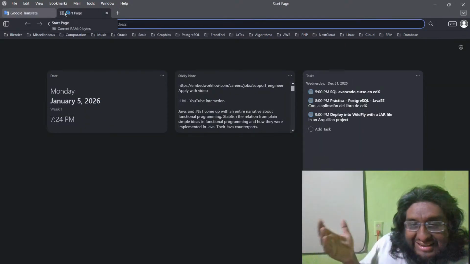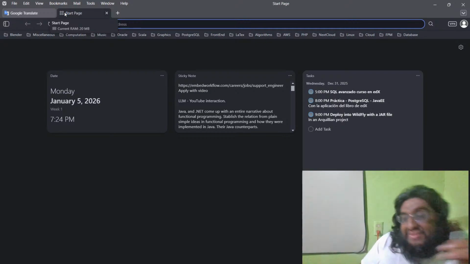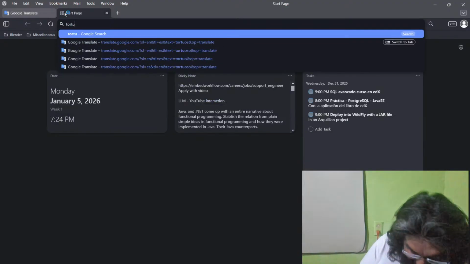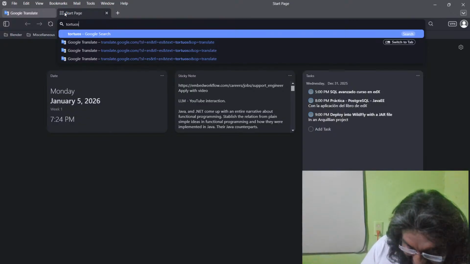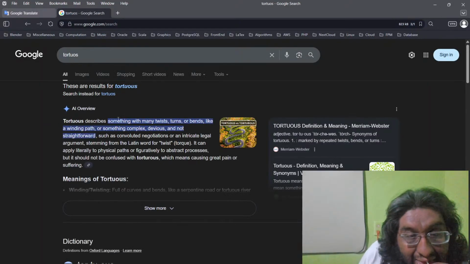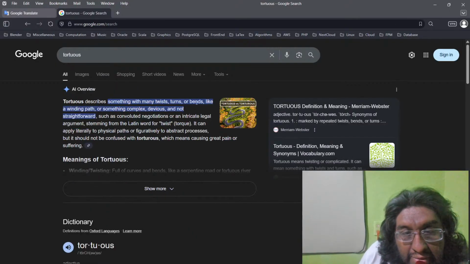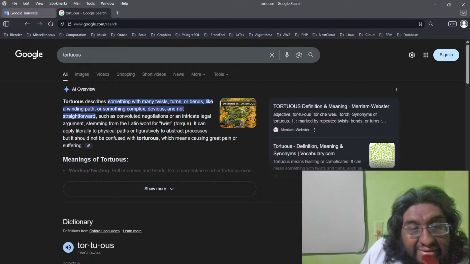Look at this, we were ignoring. We can say we were ignoring, but I wanted to say we were ignorant. Tortoise means winding path or something complex, devious and non-straightforward.